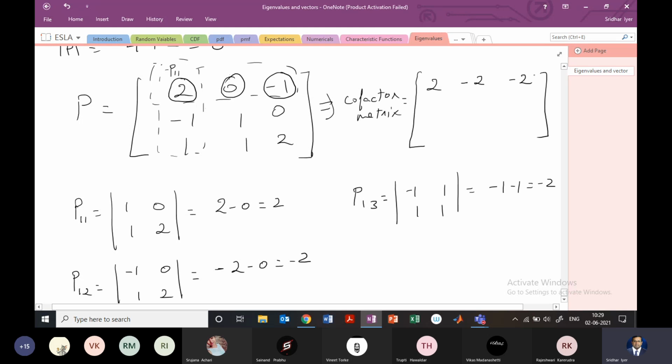Okay. Likewise, please go ahead and find the other values. Find P21, P22, P23, P31, P32, P33, right? And let me know what cofactor matrix you get.